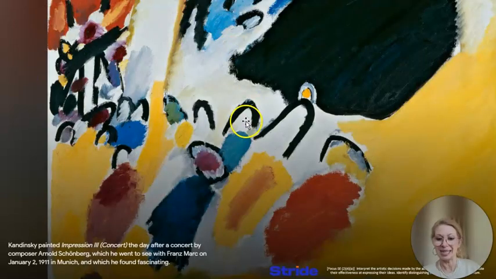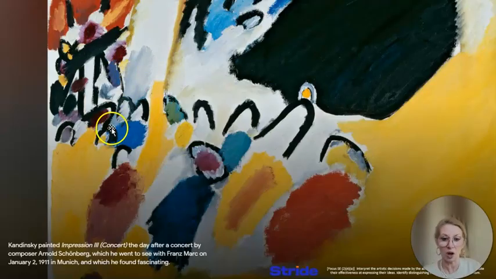Okay, this is a Kandinsky. Kandinsky had something called, oh my goodness, I'm forgetting the word, synesthesia, but he heard music as color. So all of his paintings are named after musical works because as he listened to music, he could see colors.